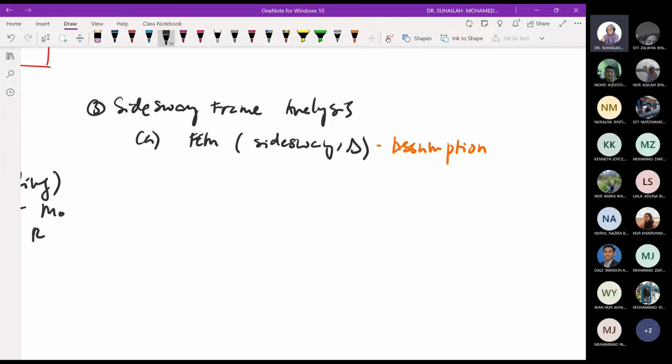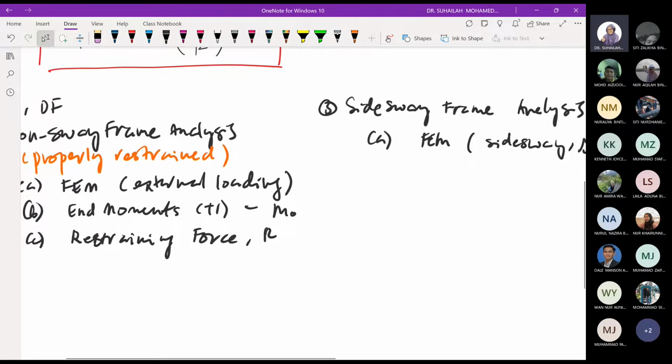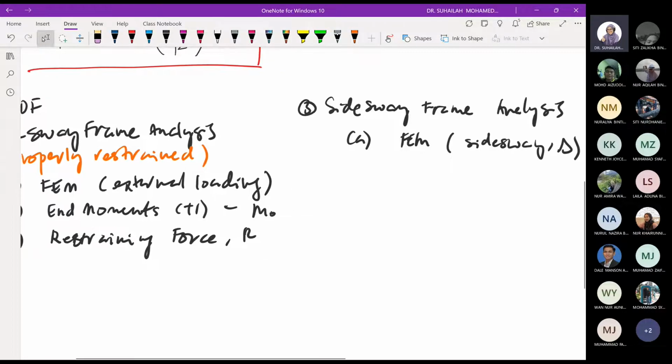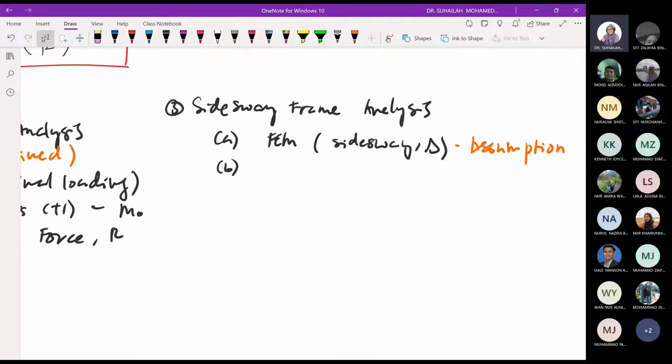Next we repeat the same process; the difference is only at step A, 2A versus 3A. Next, after the FEM is the end moment. We cannot combine because the FEM due to delta is unknown.